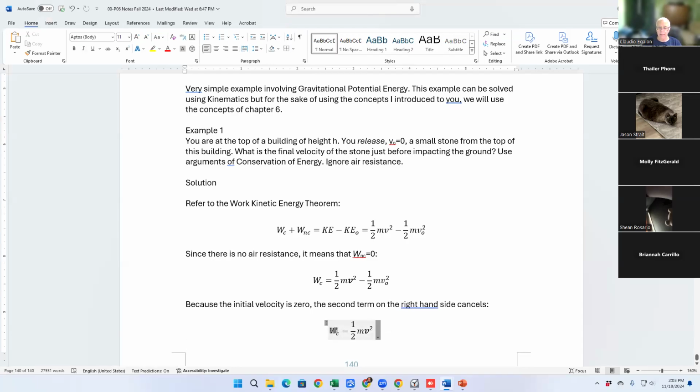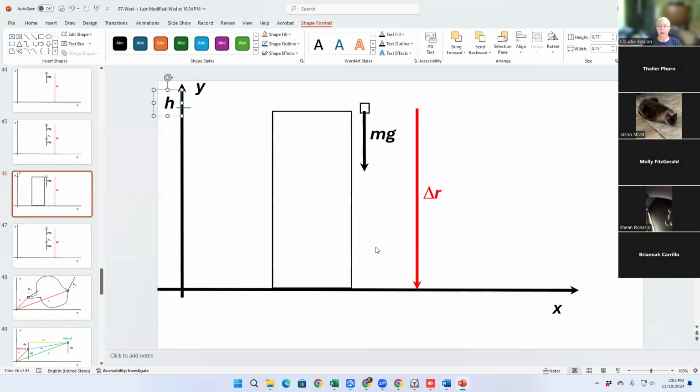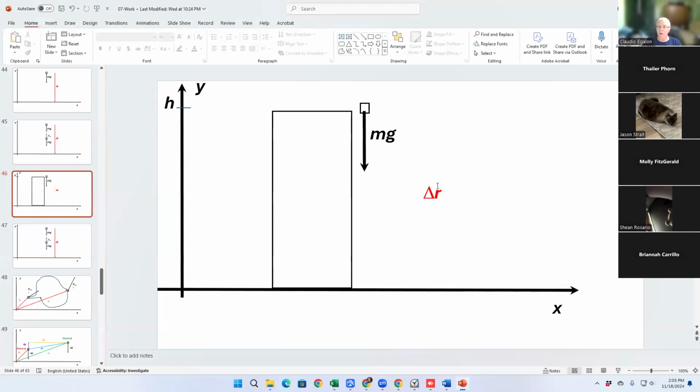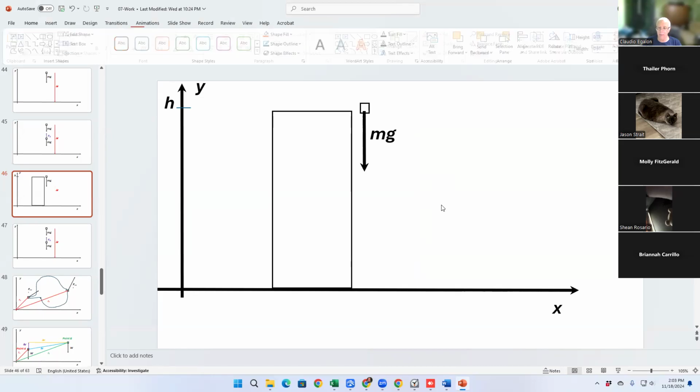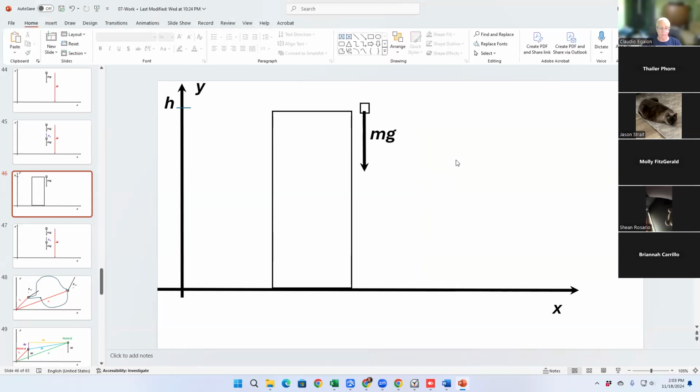But let's not forget the work done by the conservative force must be the work done by the weight. Okay, the work done by the weight. I put it mg here. And going back here to my drawing, I need the delta R. Note, see that the displacement goes from the top to the bottom, right?